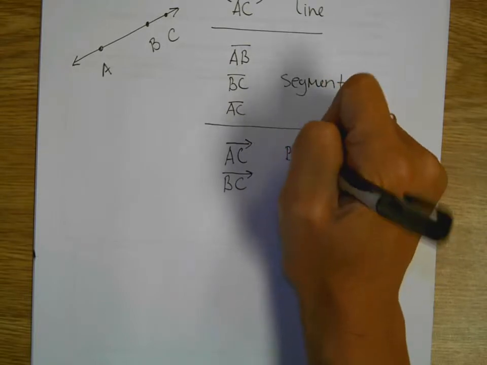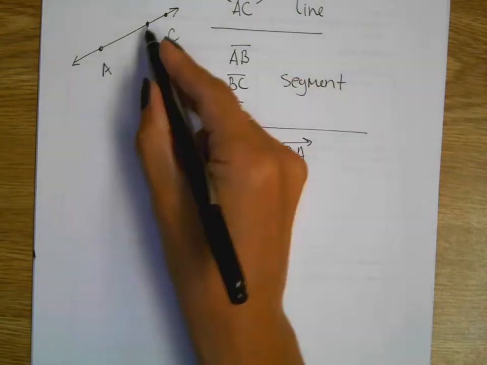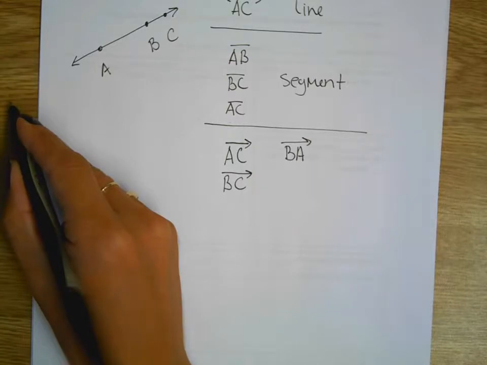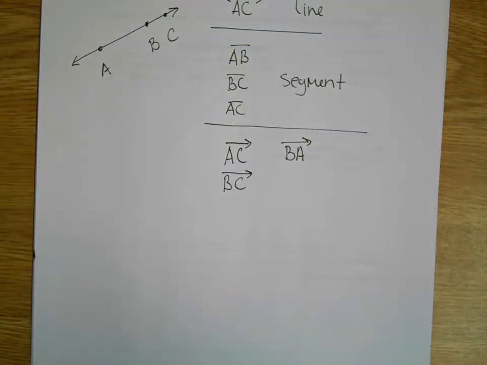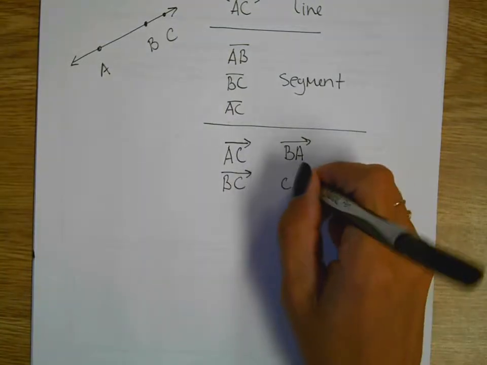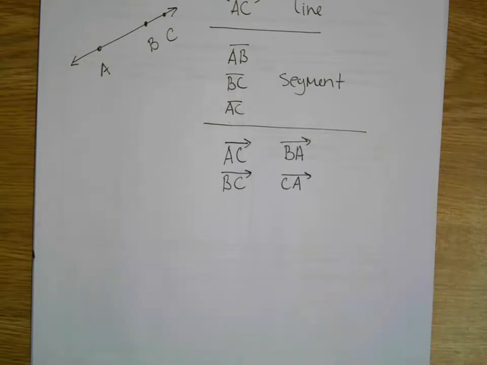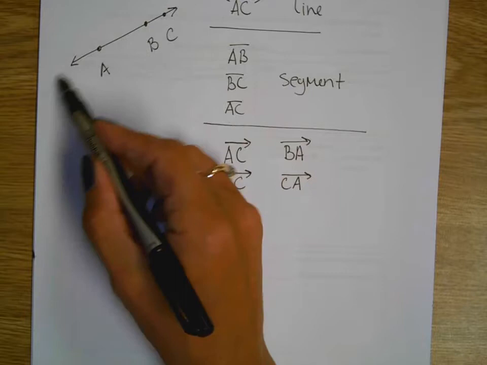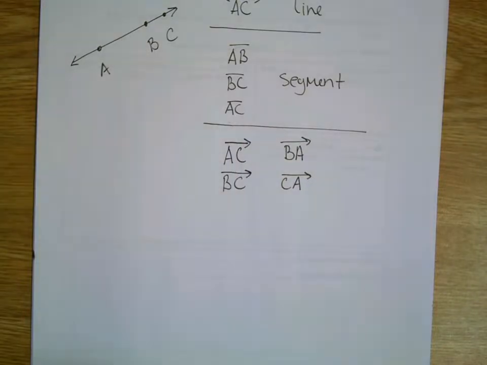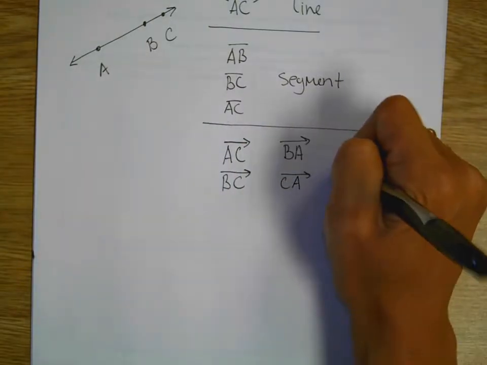Starts at B, goes to A, and keeps going. And the last one in here? CA. Starts at C, goes to A, and keeps going. Could I have called that one CB, remember? C to B and keep going? Okay, so those are rays.